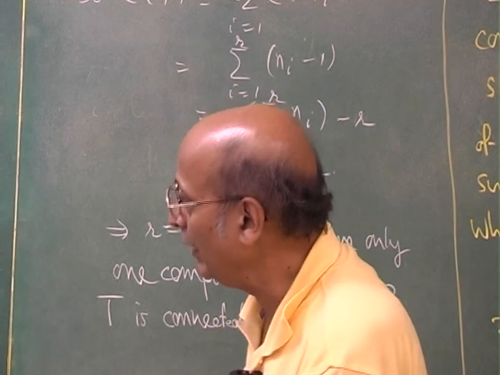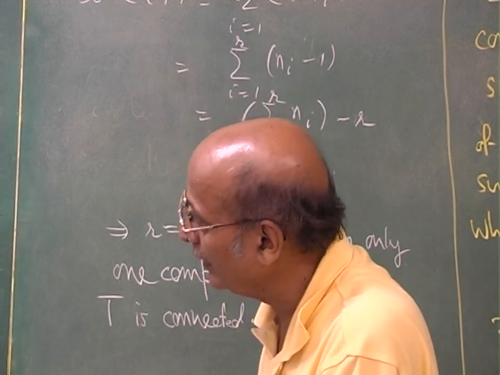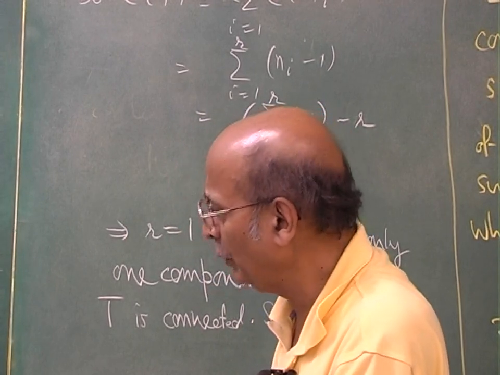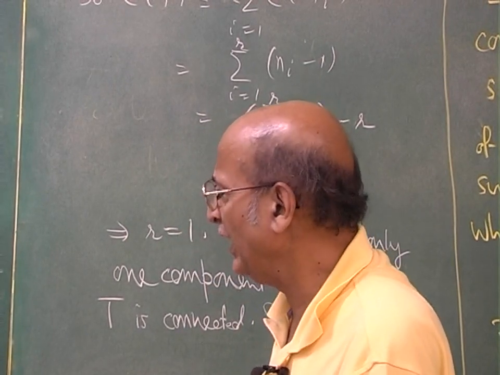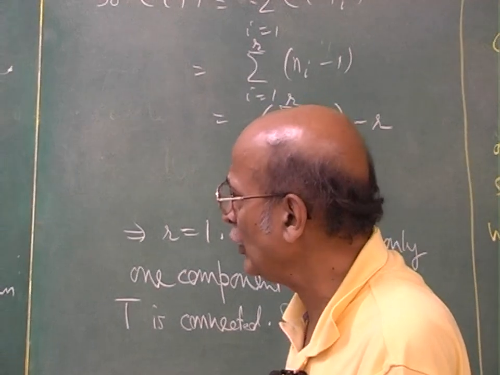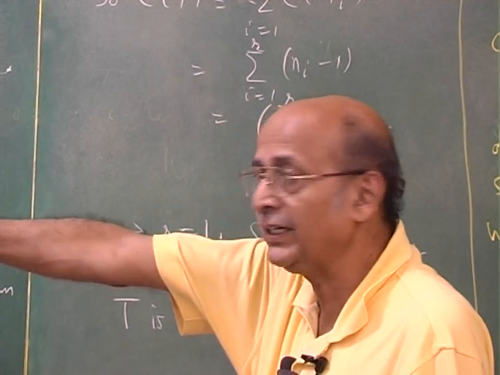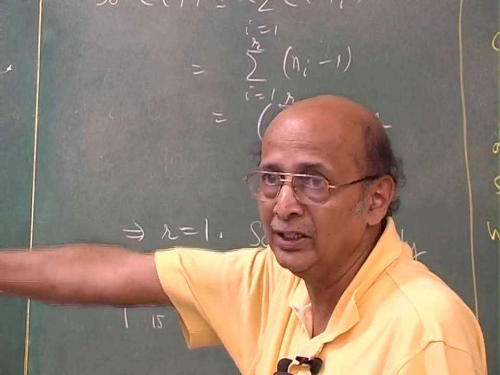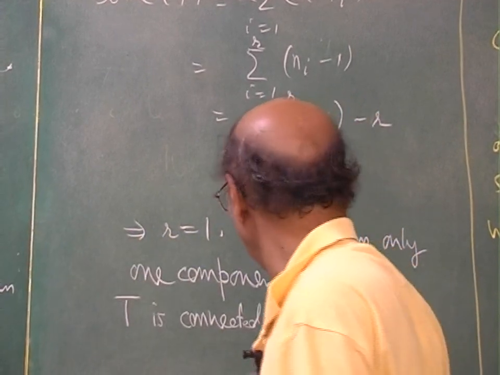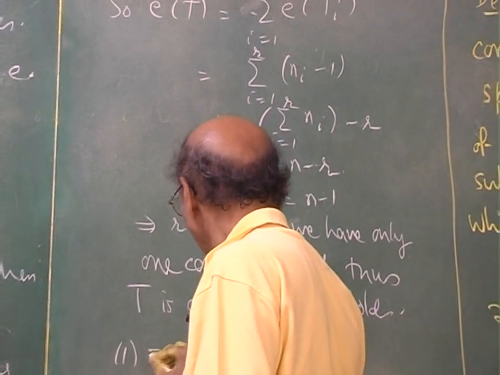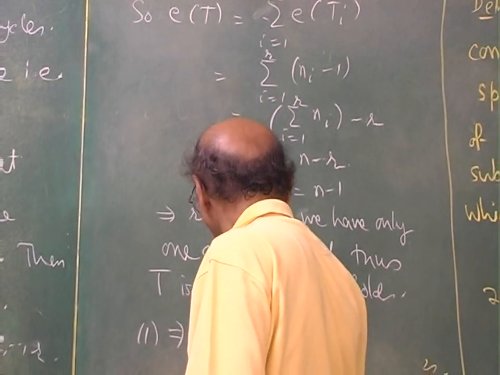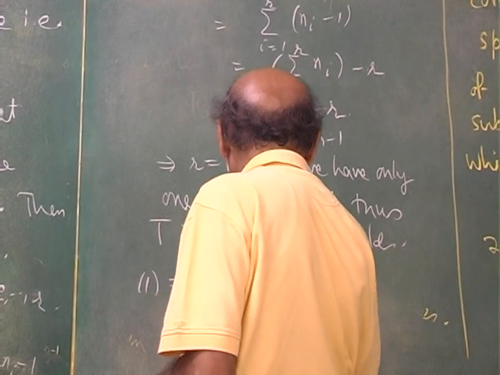Now let's assume 1 and prove 4. Just an idea: if your graph is already connected, there is clearly an xy path. T is connected is given to you. So let 1 hold. I want to prove that 4 holds. Between x and y there is a path.